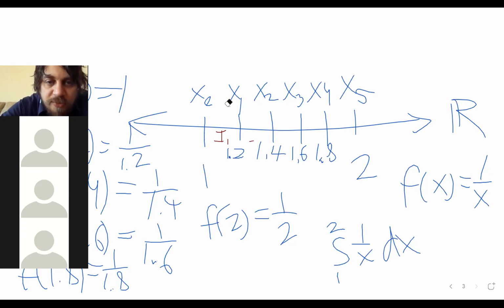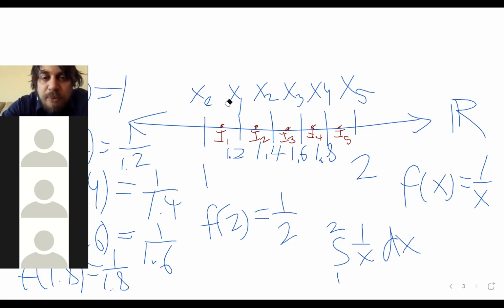So this is the first interval. That's the second interval. This is the third interval. This is the fourth one. And that's the fifth one. Those are the values of x naught through x5. What we want are the midpoints of those 5 subintervals.